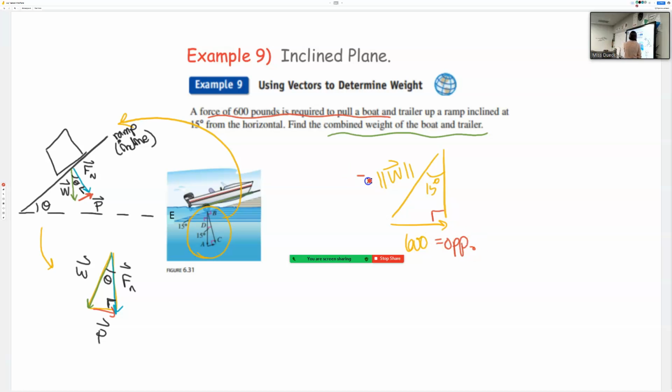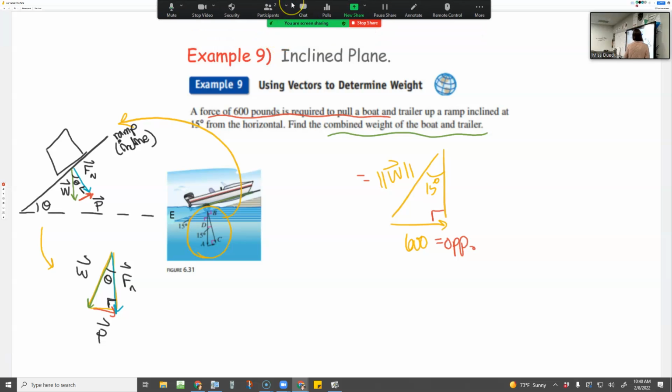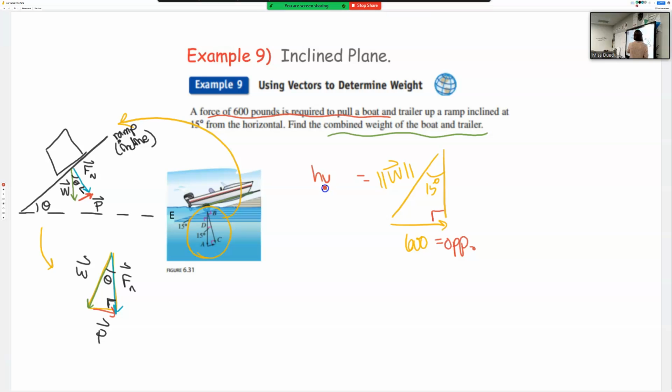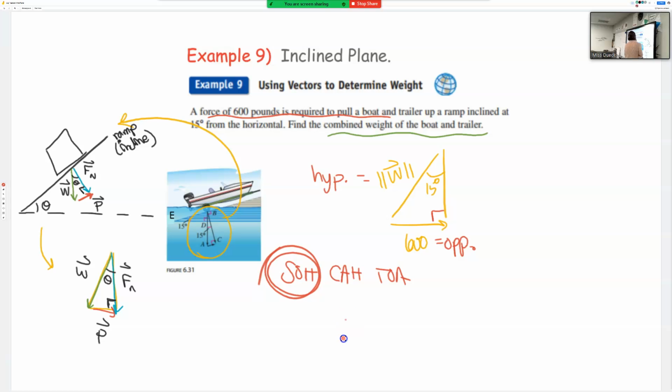And then what side is this one that I'm trying to solve for or find? Hypotenuse. And so which one says, I'll take opposite, and I'll take hypotenuse, and I'll put it all together? Sine. Exactly.